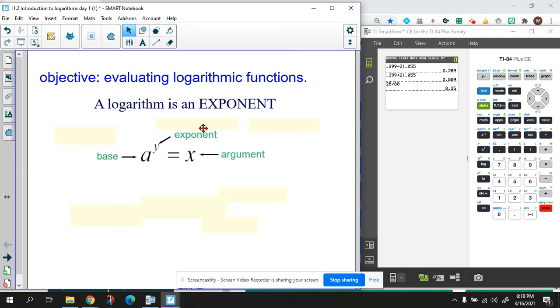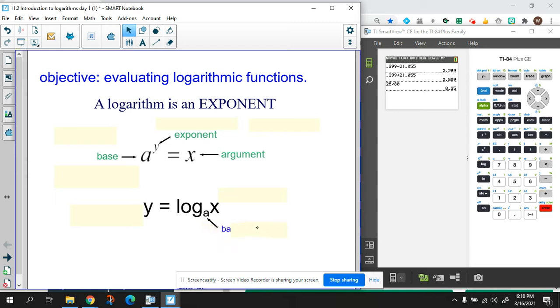Now, a logarithm is this same idea written in a different format. And instead of saying the word logarithm every time, they shorten it to the word log. So we're going to rewrite this expression in this really neat new form. We are going to say logarithm base a of x is equal to y, or y is equal to logarithm base a of x.